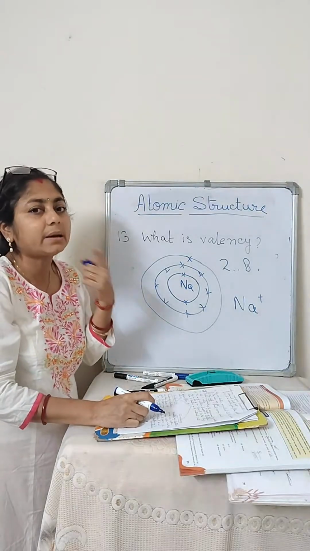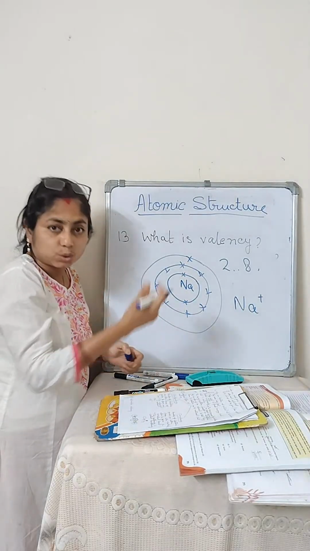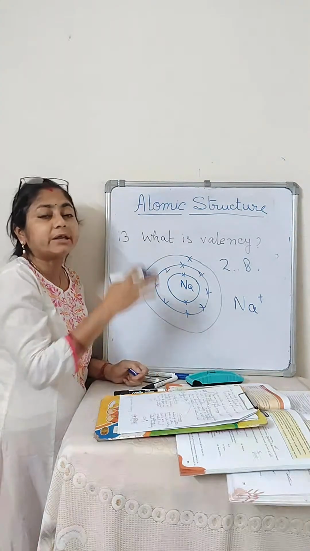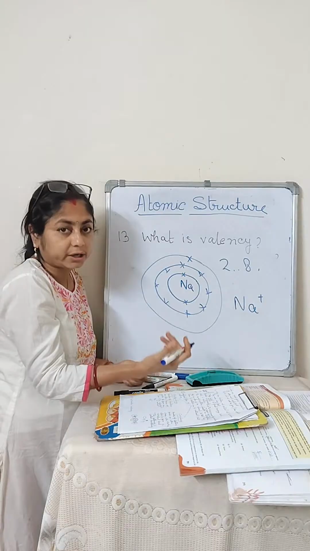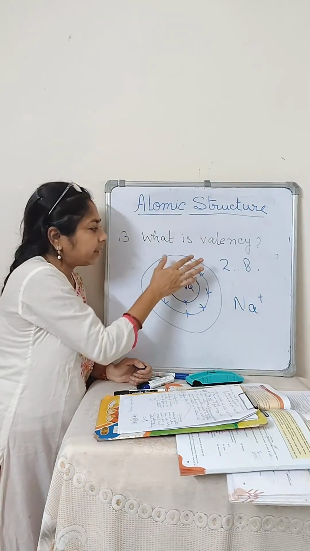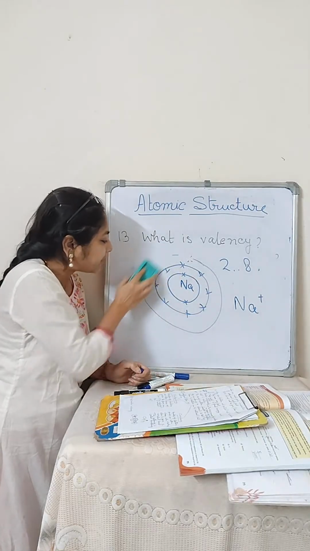And what happens after that? Why does it do this? Because sodium wants the neon electronic configuration, with 8 in the outermost shell. When it gives one electron, this shell is not present.